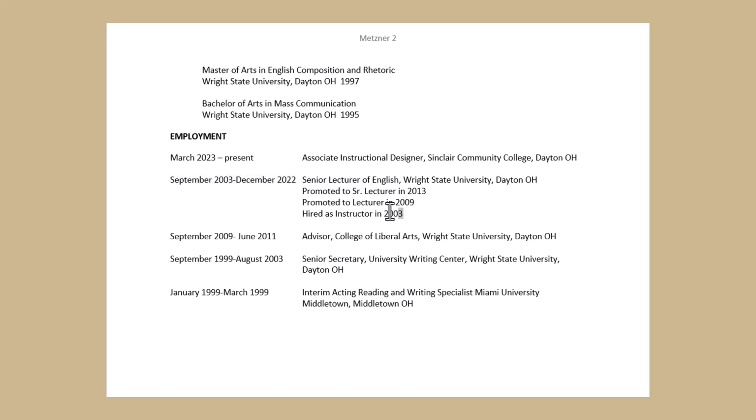Now, I do want to point out to you, if you have promotions, go ahead and put your promotions in as well as the date that you earned those promotions. Okay, and again, just like with your education, the employment section goes in reverse chronological order, starting with the most recent and ending with the earliest that you choose to include.